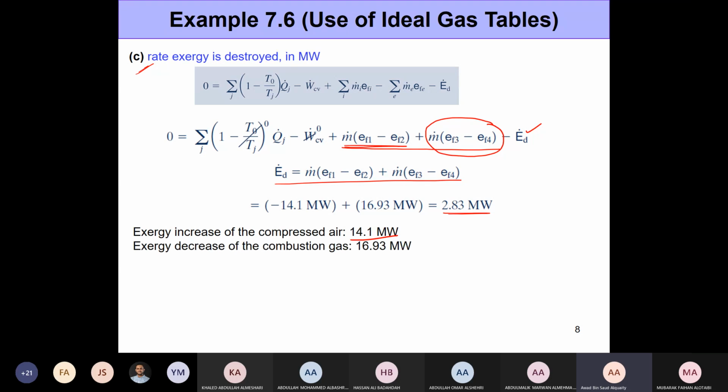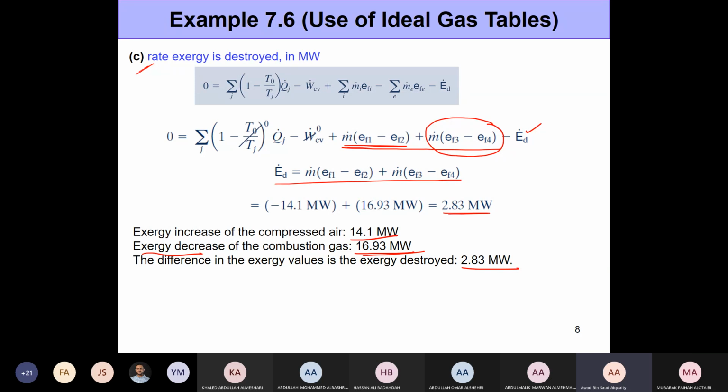We lost the exergy from the hot combustion gases, but the amount of exergy that was lost from the combustion gases was 16.93 megawatt, a little bit higher than what the air eventually got. And the difference between these exergy changes is where the exergy got destroyed, right? And this comes out to be 2.83.